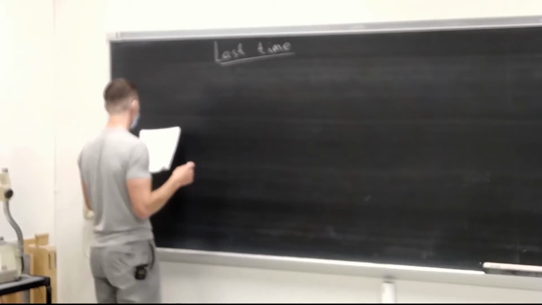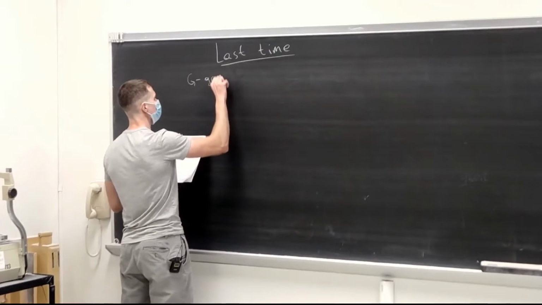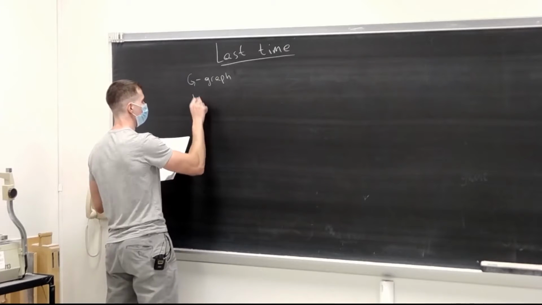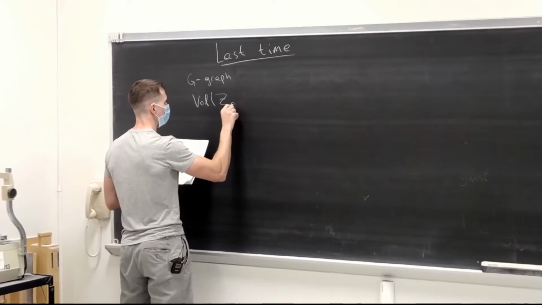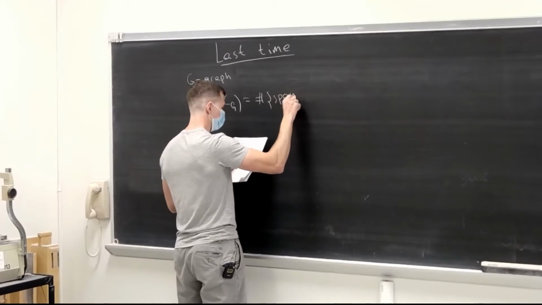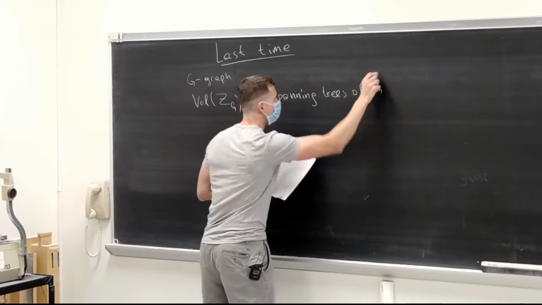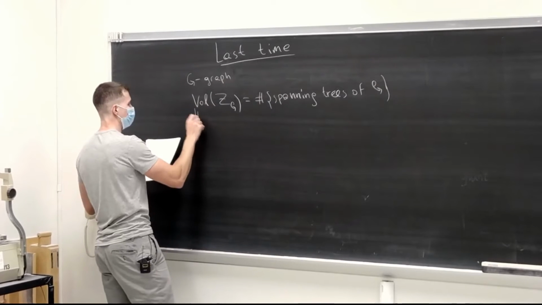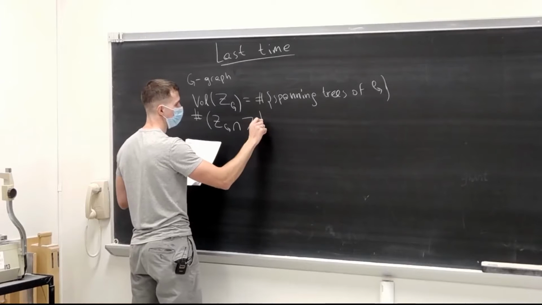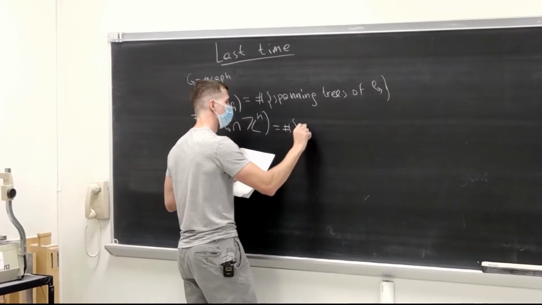In particular, if you have a graphical zonotope, G is a graph, then what I explained last time was that the volume of the corresponding graphical zonotope is the number of spanning trees of G, and the number of lattice points of the corresponding zonotope is the number of spanning forests.